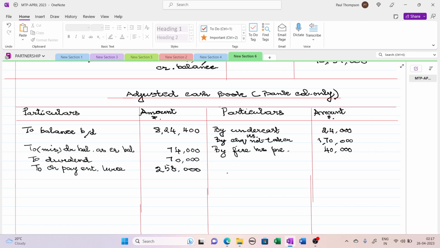Okay. Now another one, 64,000. If you want, you can enter it into this. There was a check deposited, so we can always have the record to A. A has deposited a check for 64,000, but this check got dishonored.